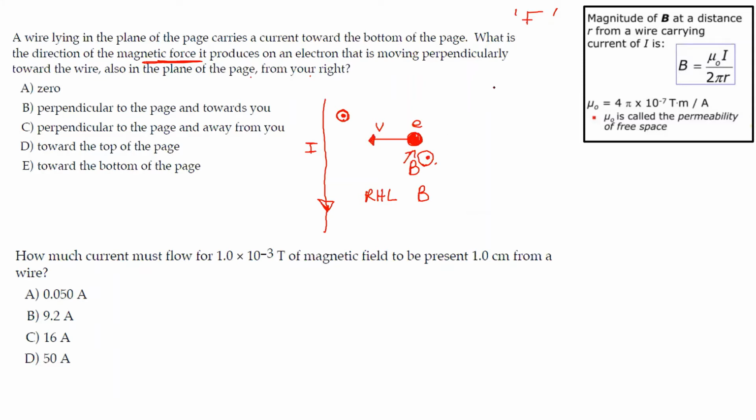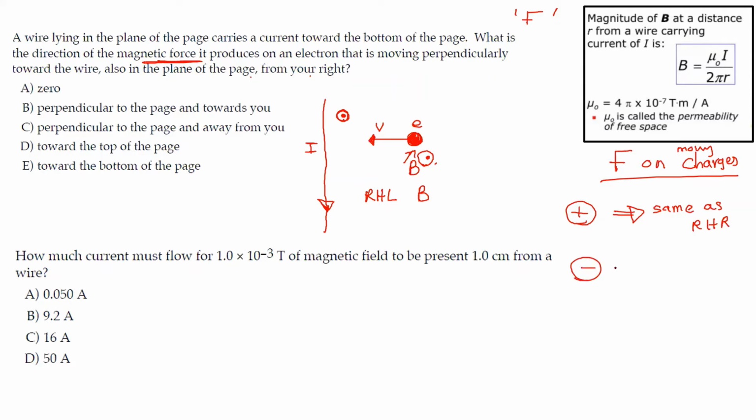But before going into this, let me give you a small summary of the force on moving charges. When you apply the right hand rule to a charge, if your charge is positive, the direction of force is the same as the direction given by the right hand rule.